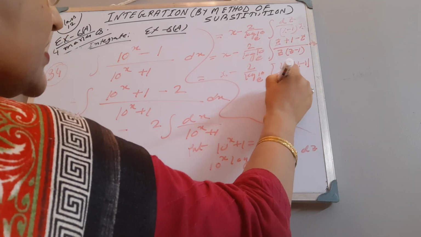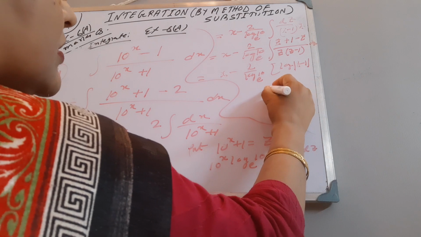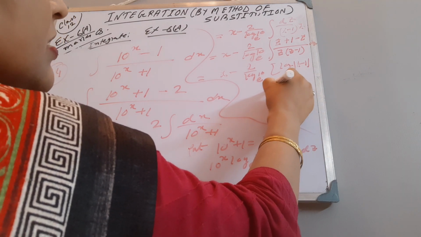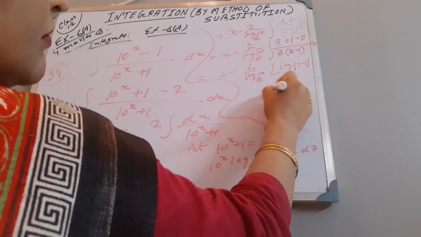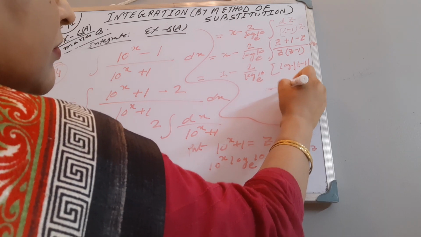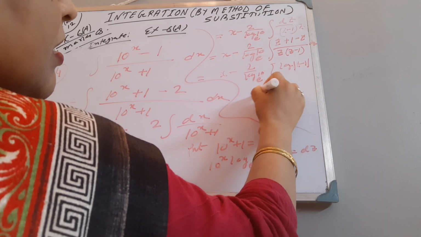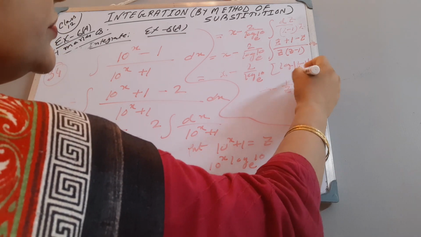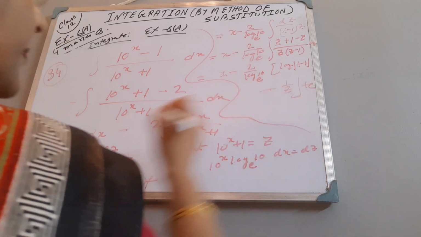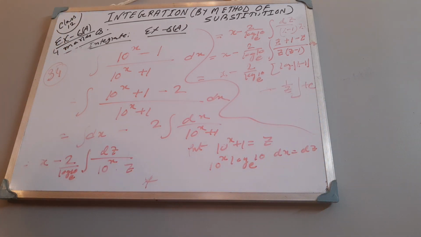So it is minus log z minus 1 by z plus c.